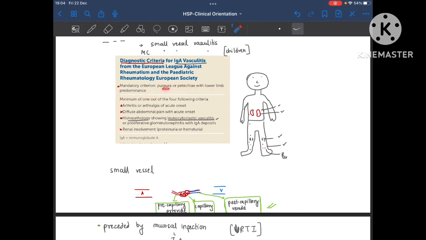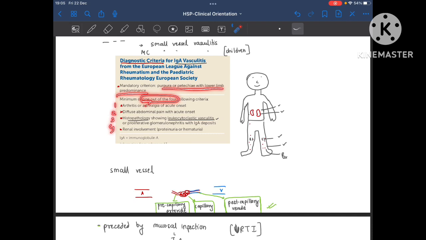So purpura or petechia with lower limb predominance is the mandatory criterion, and minimum one of the 4 criteria should be present to diagnose it as Henoch purpura. 1, 2, 3, 4. If any one is present, then we could diagnose it as Henoch purpura.